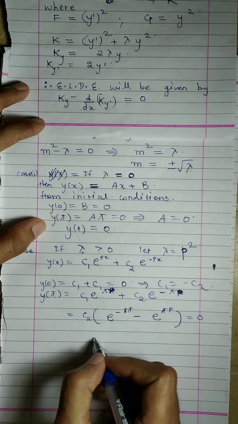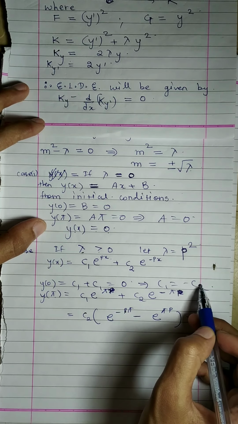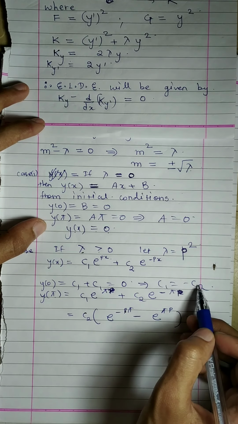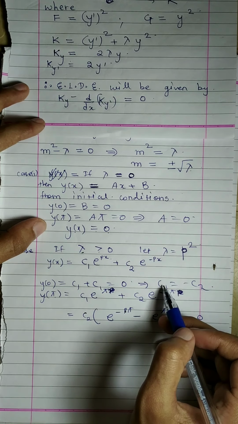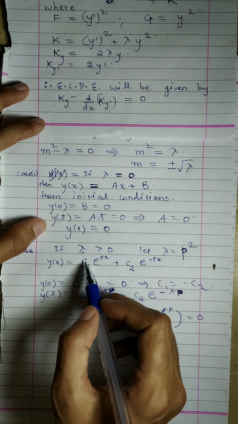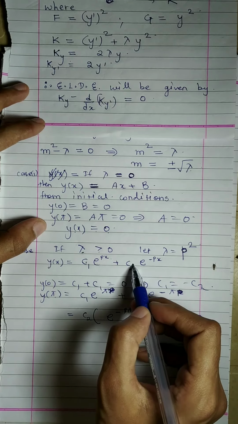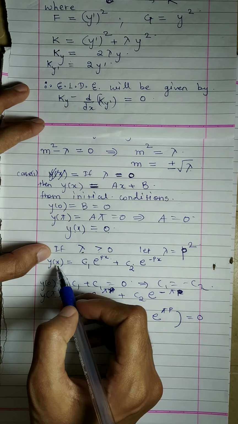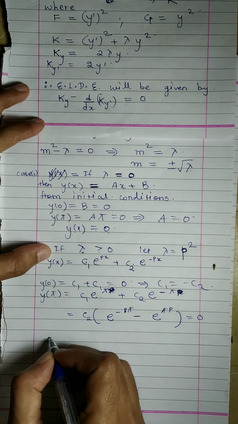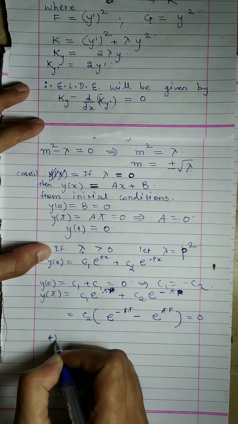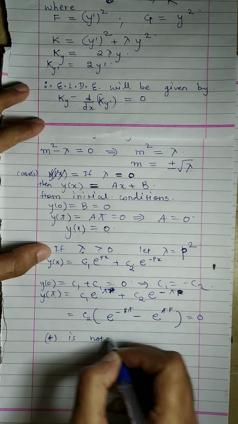Since c1 is minus c2, c1 is also equal to 0, so y of x is equal to 0, and therefore again the condition star is not satisfied.